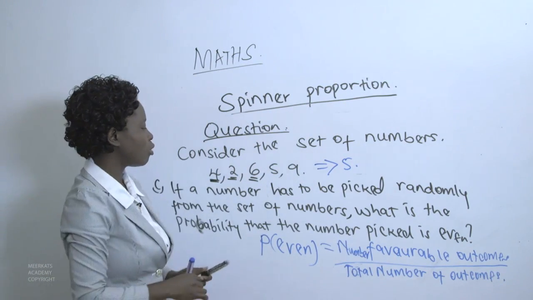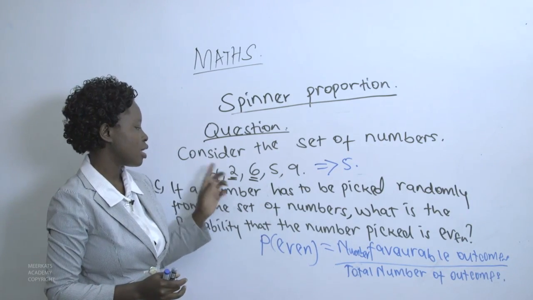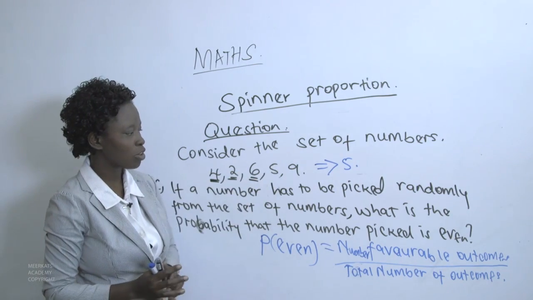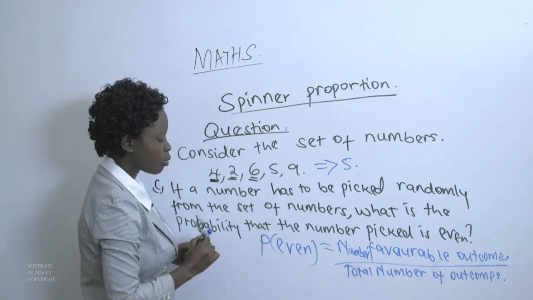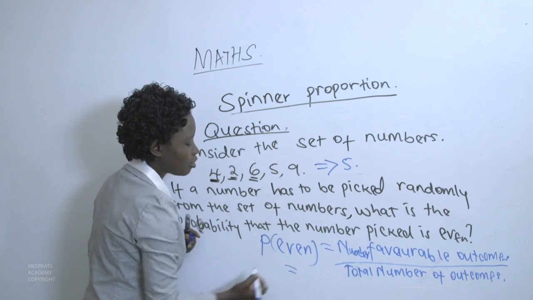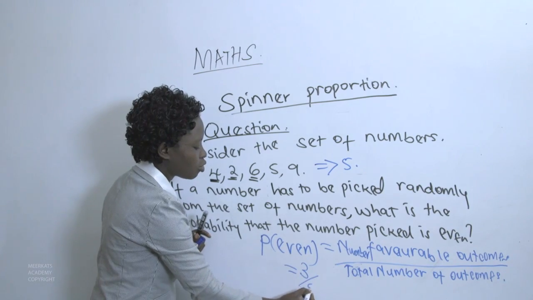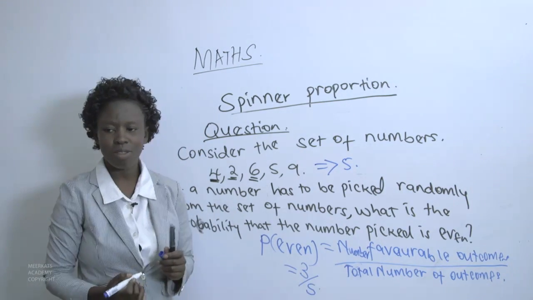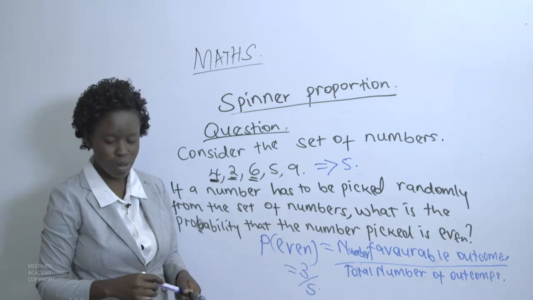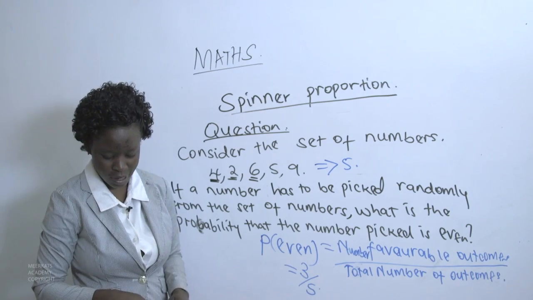So favorable outcomes, the outcomes that will favor even numbers in this case, are 3. Then the total number of outcomes we have is 5. So the probability of picking an even number, we have 3 even numbers over the total, which is 5. So we get that the probability of getting an even number will simply be 3 over 5.